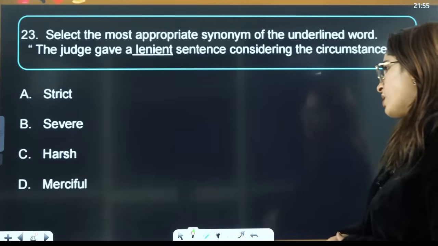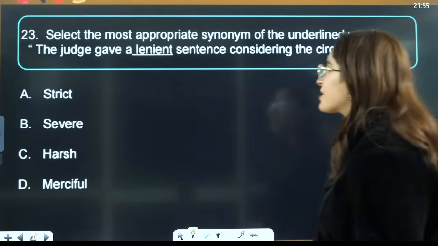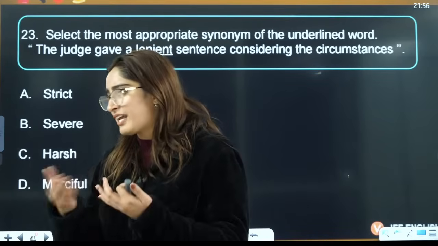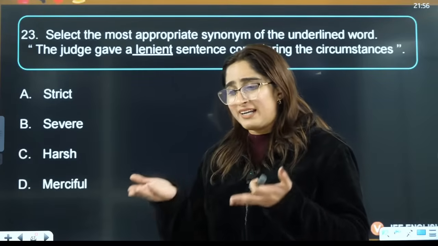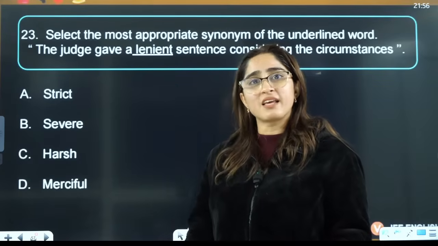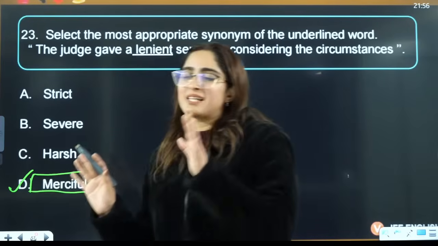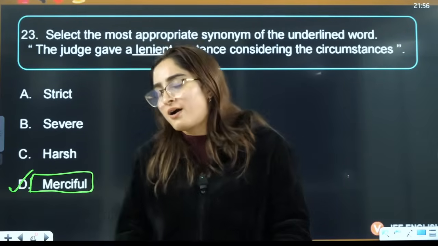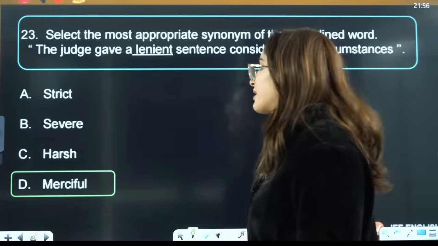Merciful will be right. Because lenient means when you are like, okay, it's okay. When your teacher is very lenient towards checking your paper, you're like, oh my God, at least this person passed. What he is thinking is very merciful towards you, right? It's like, okay, I'll not be harsh, I'll not be rude, I'll not cut your marks. Mercy means empathy, right?